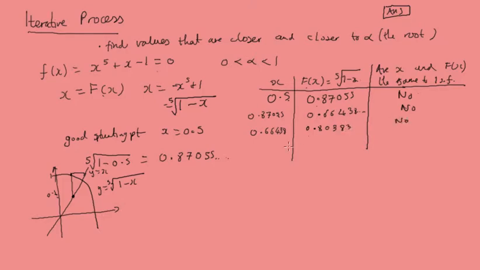0.80383, and that's still a no. Then 0.80383 will give us 0.72197. It's a no. Then that will give us 0.77413. That's still not the same to one significant figure. So you can see what we're doing each time is a bit tedious, but each time we're getting closer and closer to the value.